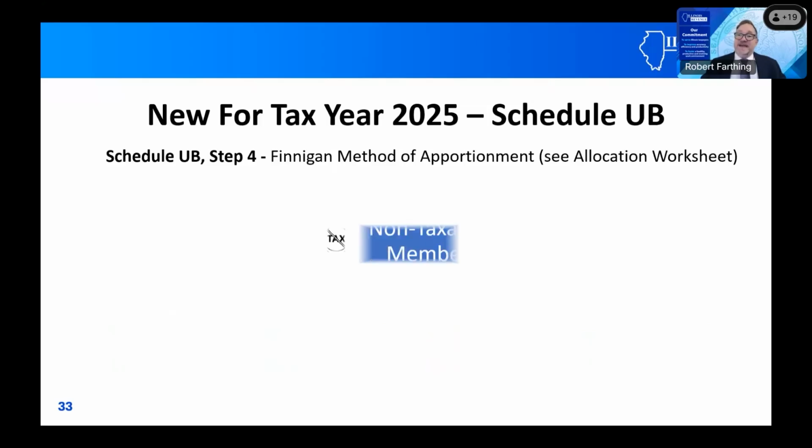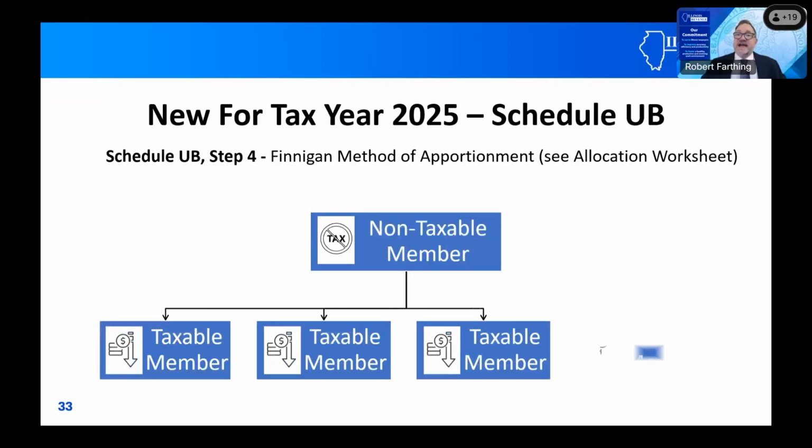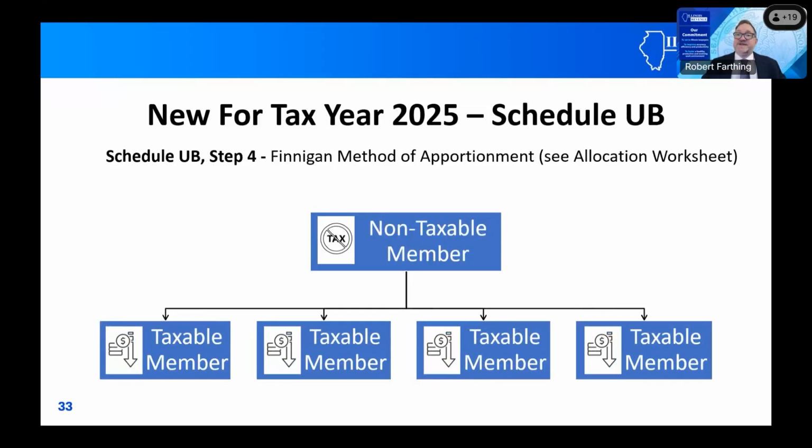What this means is that non-taxable members of the unitary business group now must allocate their sales in Illinois to the taxable members of the unitary business group.